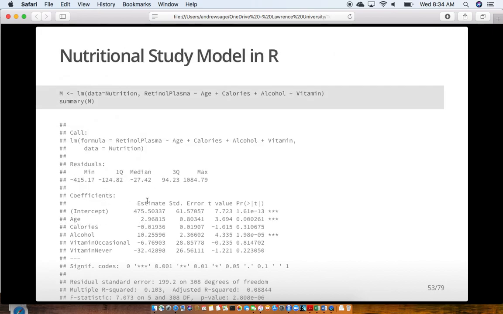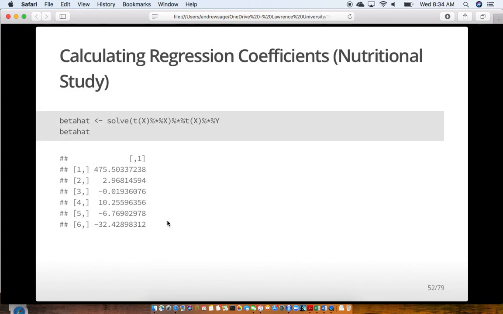Notice that these numbers match exactly what I would see in my R output if I were to use the LM command for our coefficient estimates. An intercept of about 475, an age coefficient of about 2.97, a calories coefficient of about 0.019, and again I'll go back to the ones we calculated using our matrices, and you can see that these all match up.